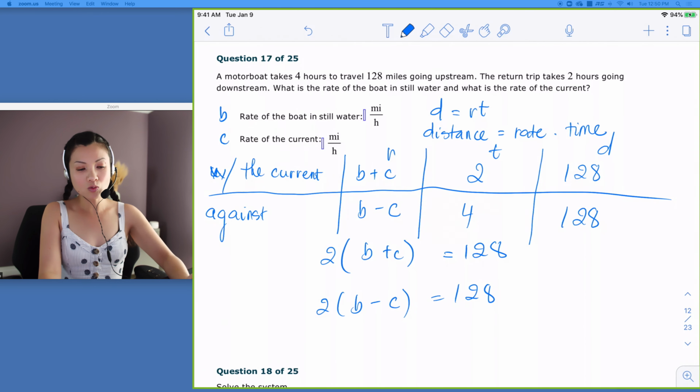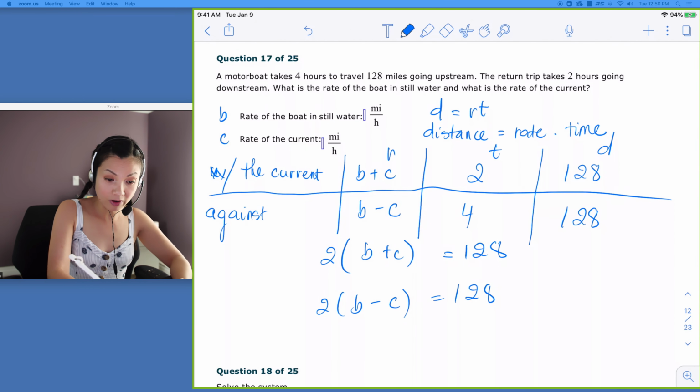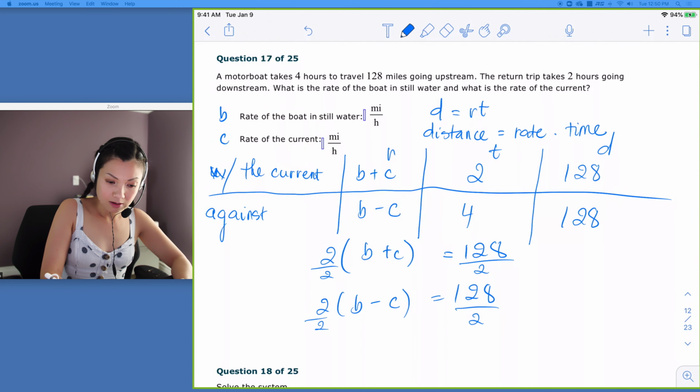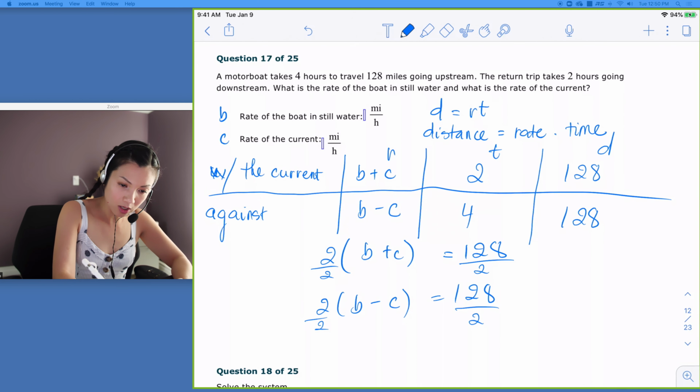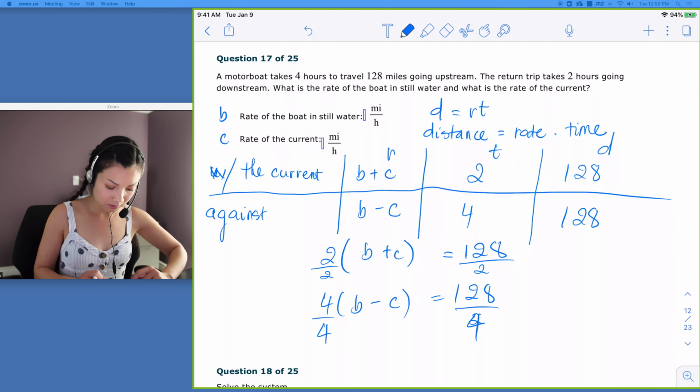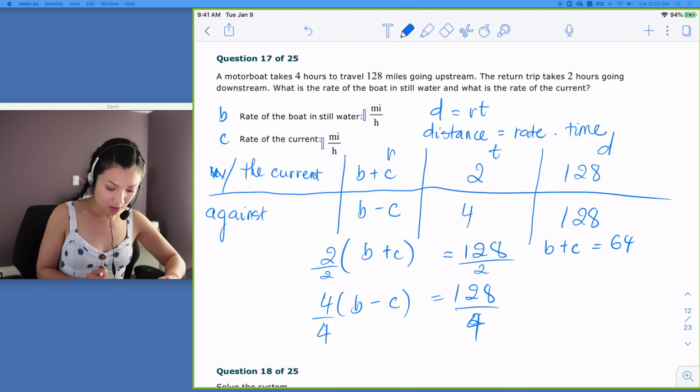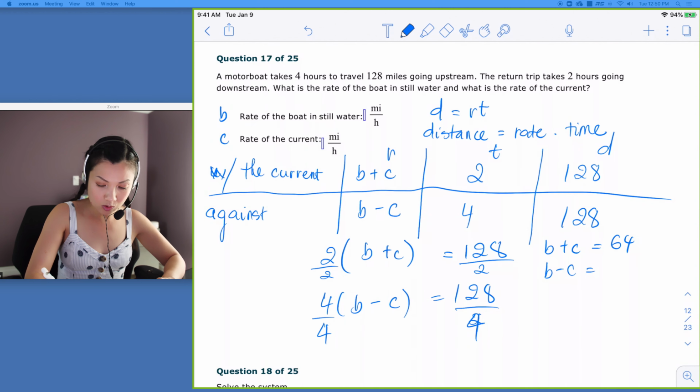You can distribute, or I can just divide by 2 from the beginning. So I have B plus C equals 64. And for the second equation, I have B minus C equals 32.